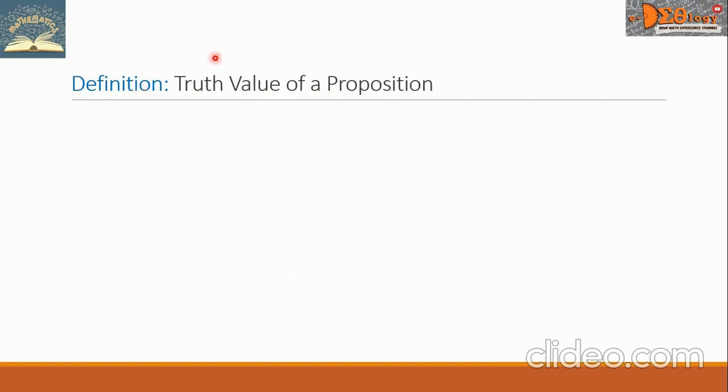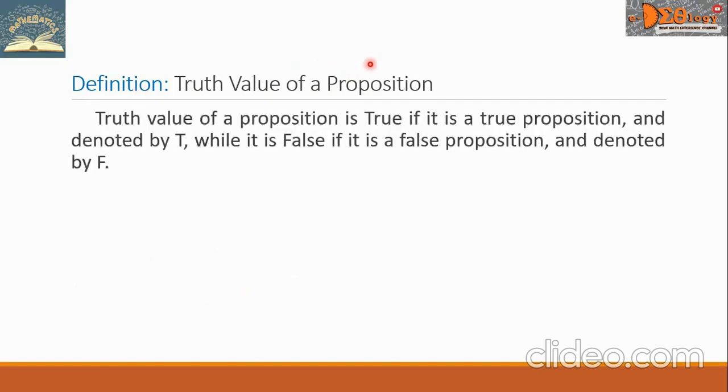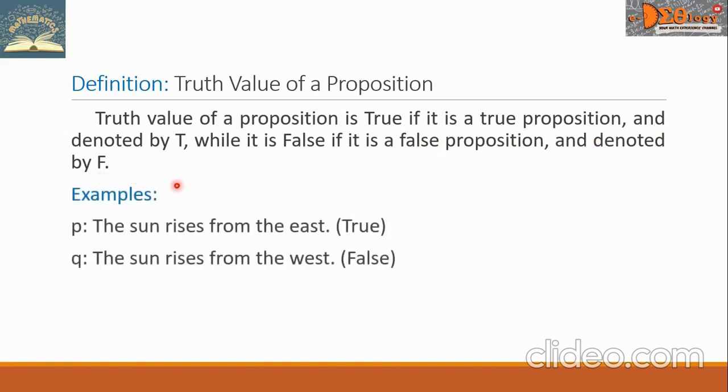Let us now define truth value of a proposition. Truth value of a proposition is true if it is a true proposition and denoted by capital T, while it is false if it is a false proposition and denoted by F. We have here 2 examples.